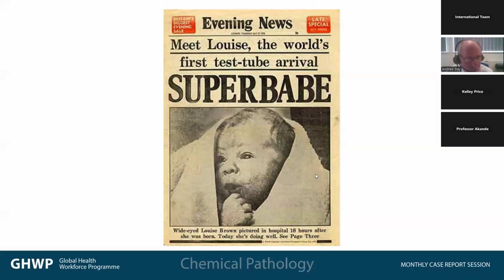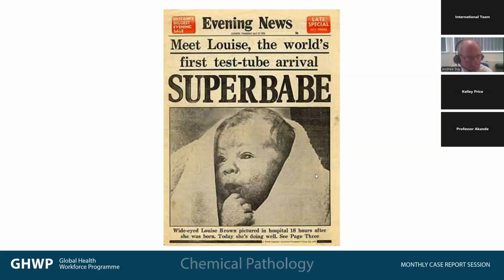Prior to that time, it was by no means certain that it would be possible to achieve in vitro fertilization. There were also, by the way, considerable ethical questions and moral questions that had to be faced as to whether it was appropriate to achieve a pregnancy outwith the normal process of pregnancy and reproduction.